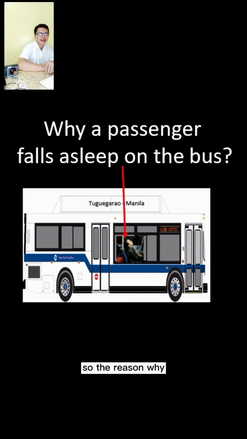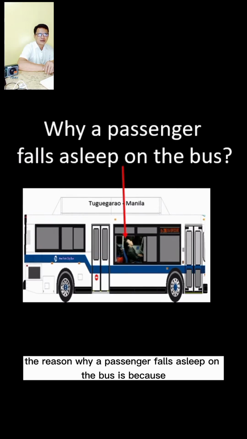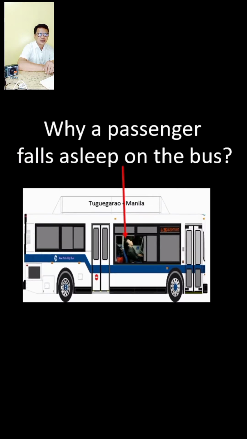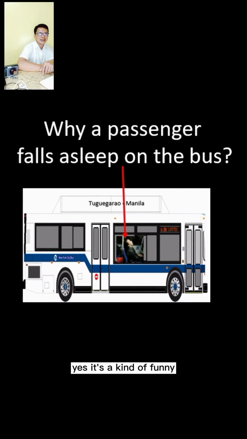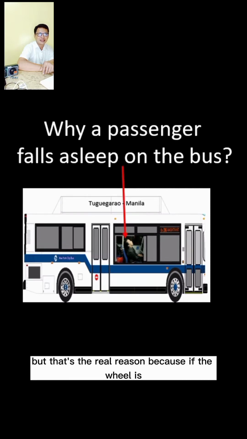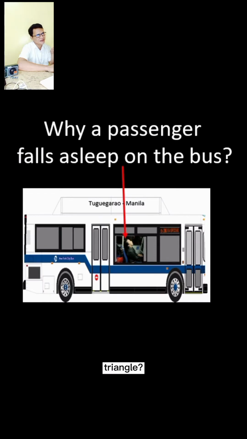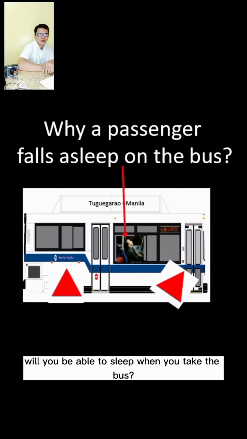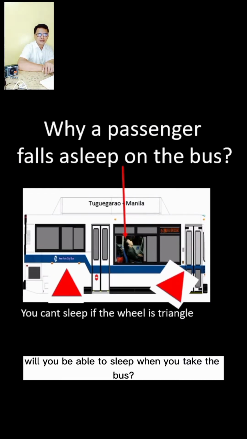So the reason why the passenger falls asleep on the bus is because the wheel is round, right, or circle. Yes, it's kind of funny, but that's the real reason, because if the wheel is a triangle, will you be able to sleep when you take the bus?